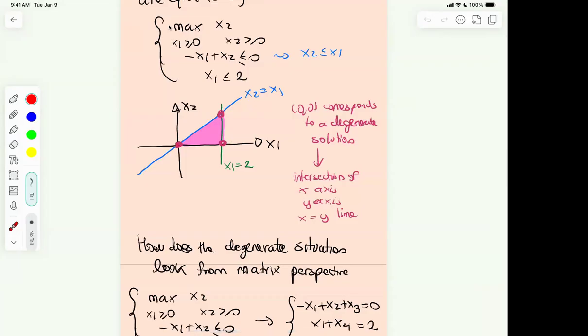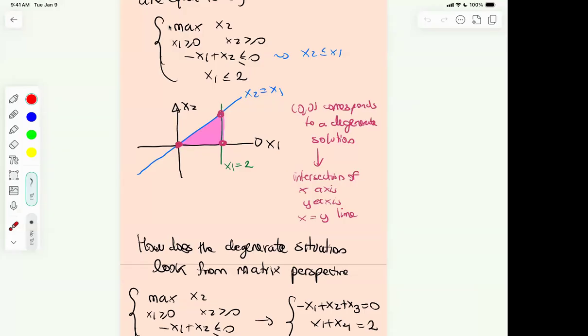In this case the origin is the intersection of the x and the y axis, but there's a third line passing through the origin. So that's why the origin in this case would correspond to a degenerate solution. This can also be determined in terms of the degeneracy of the basis that we talked about for the first exam. So the two things coincide, but geometrically, that's what's happening.